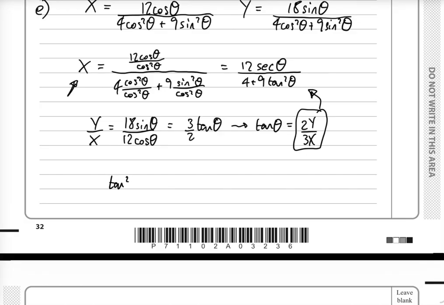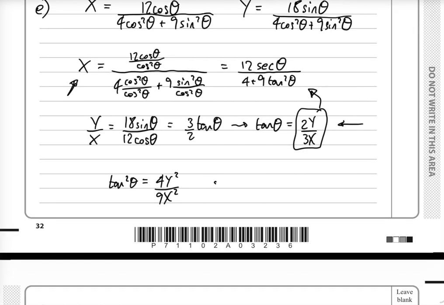So tan squared theta from here is the same as 4y squared over 9x squared. And we know that secant theta is equal to, because sec squared is equal to 1 plus tan squared, the square root of 1 plus tan squared theta. Putting that in here, that's the same as 1 plus 4y squared over 9x squared.